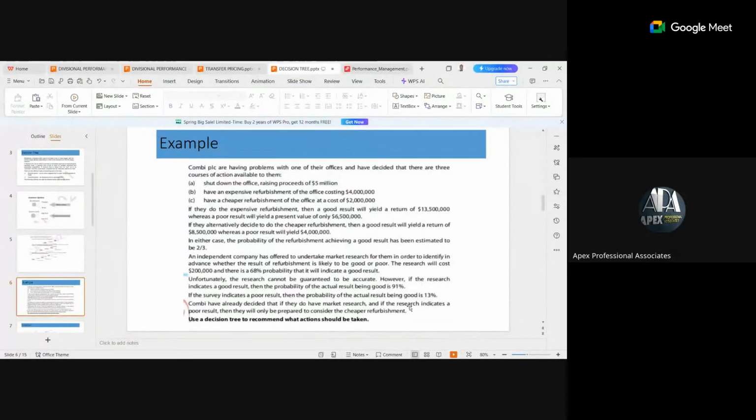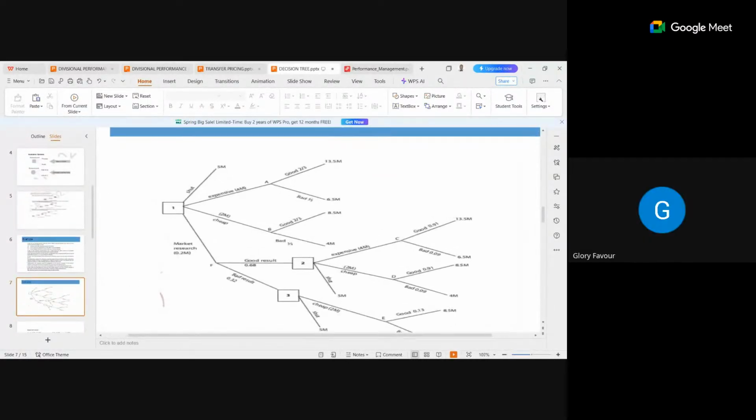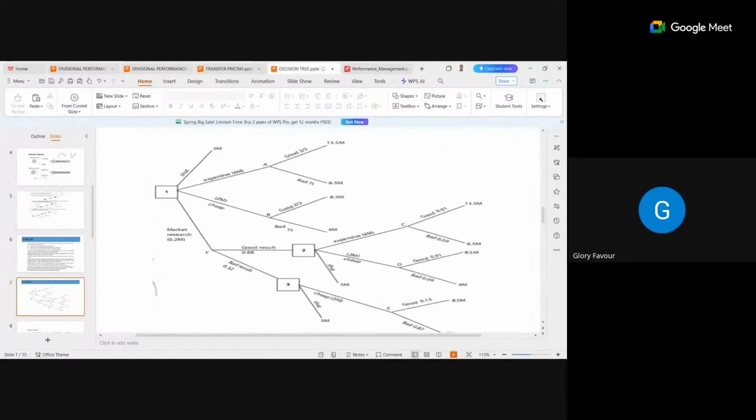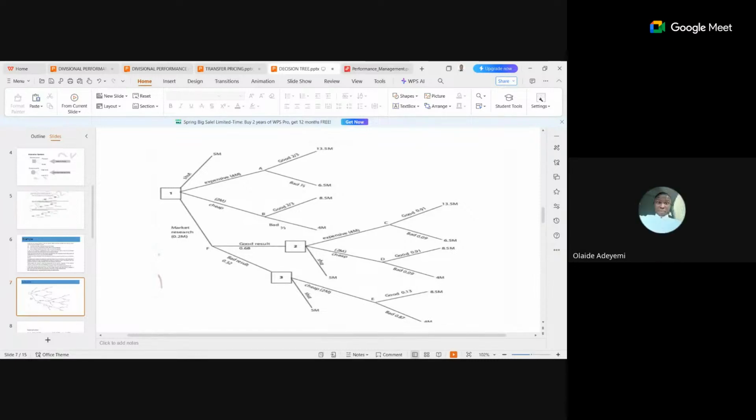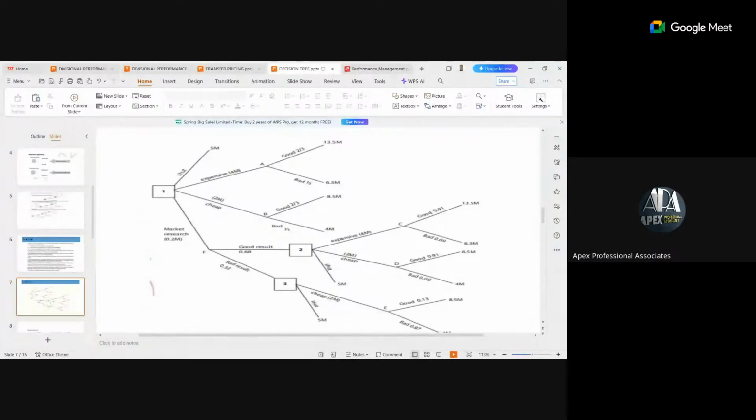Let's see the solution now. So I'll take the explanation further. Can you see this? So if you have the question with you, read the question and try to picture the statement in the question with this diagram.